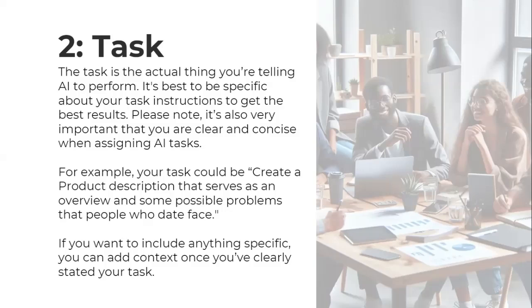Instead of just saying create a PRD, you first of all give it a persona. Now you're telling it a task to carry out: a product description that serves as an overview and some possible problems that people who date face. The reason I'm using this example is because I'm a product manager, and quite a number of people I train are product managers.